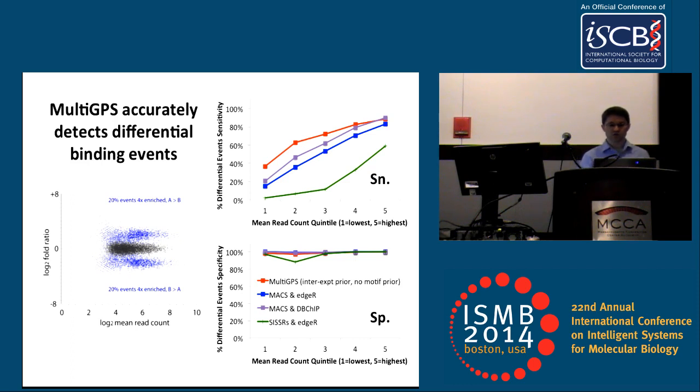So the alternate approaches would be to use some other peak finder like MACS or SISSRs or something like that, and to do the same thing, to quantify them, to count the reads around the peaks, or to use the peak height or something like that that comes from MACS or these other approaches, and put that into edgeR. And so what I'm trying to show here is that the actual quantification that comes out of multi-GPS and the higher accuracy in terms of the positioning of those events matters, at least on the weaker differential binding.